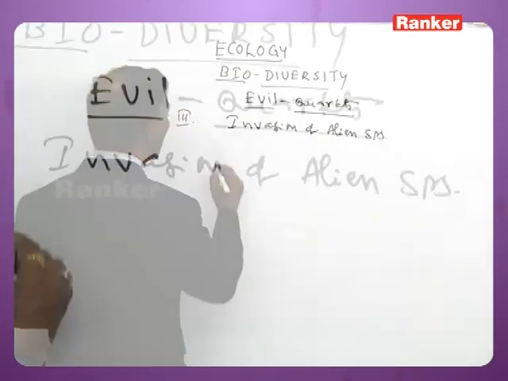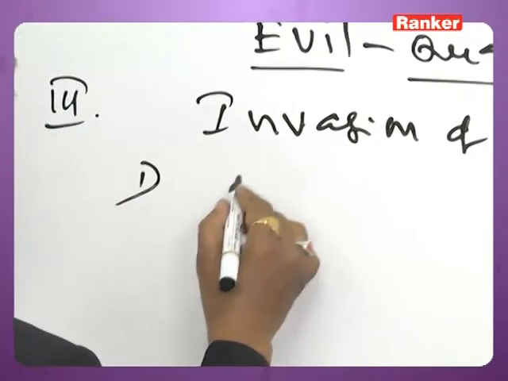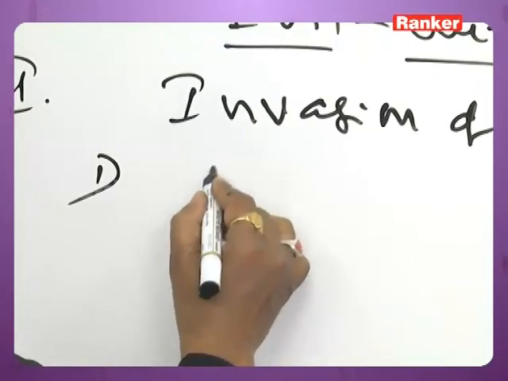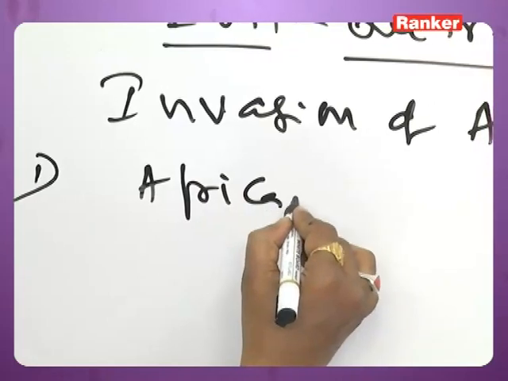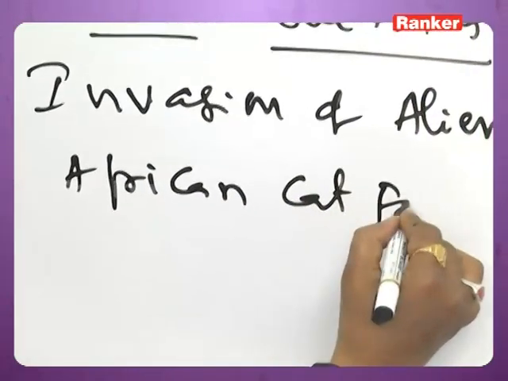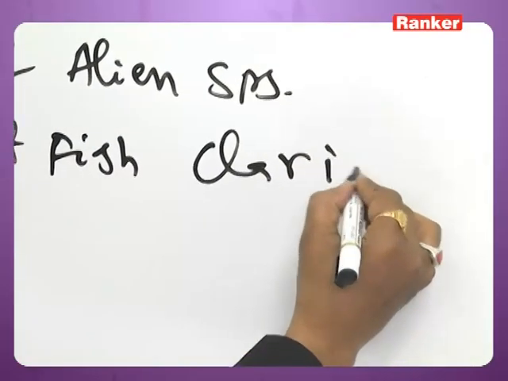I shall give some important examples of invasion of alien species, like African catfish, Clarias gariepinus.